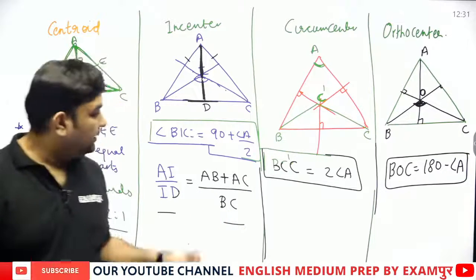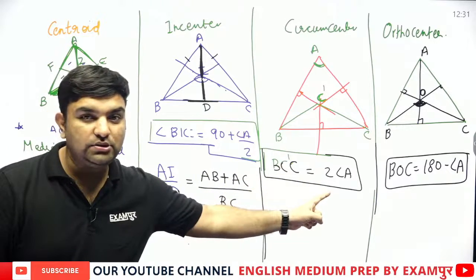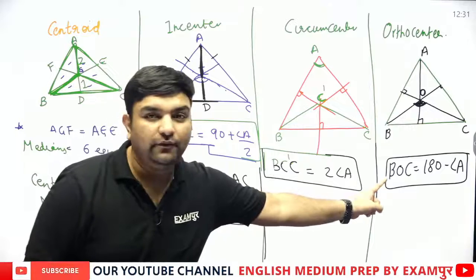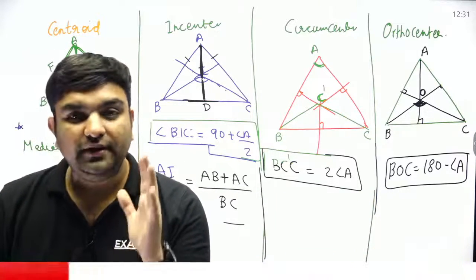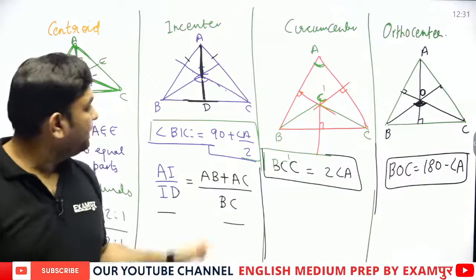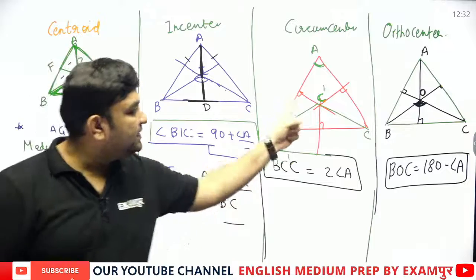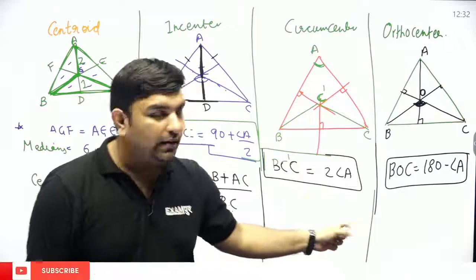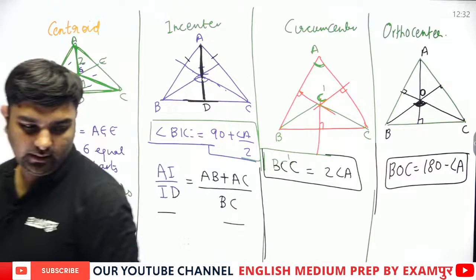For incenter it is 90 plus A by 2, for circumcenter it is twice of A, and for orthocenter it is 180 minus angle A.